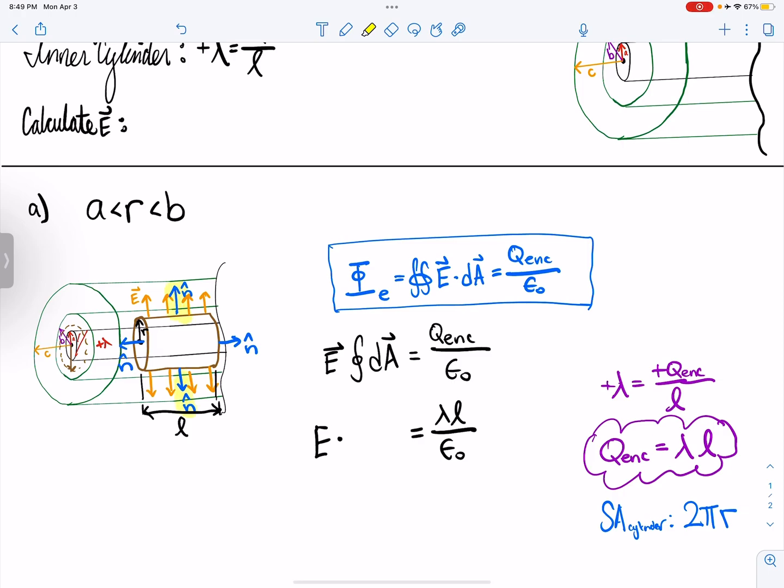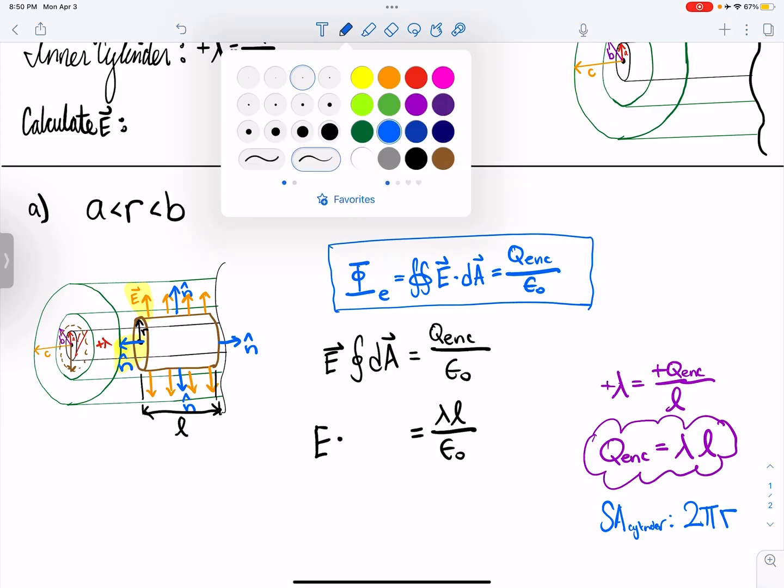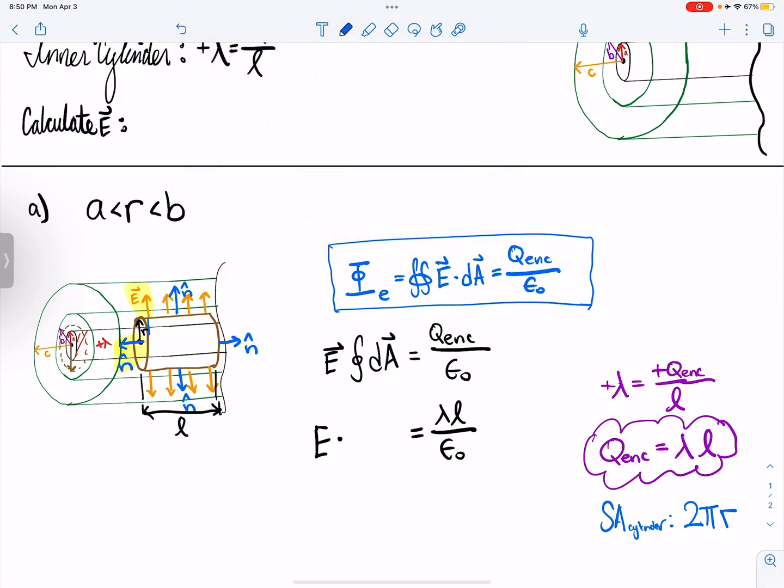And then we also have the vector normals from the flat surfaces right here. And we notice that the angle between this normal vector and the electric field is 90 degrees. Can you guys see that? If this angle is 90 degrees, so is this angle. That's also 90 degrees.